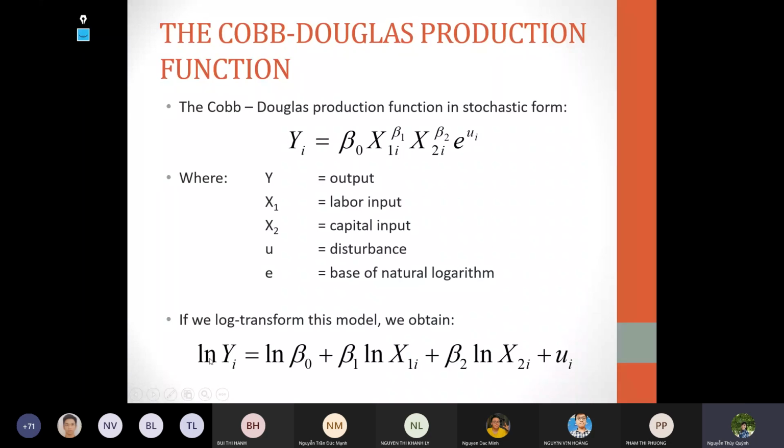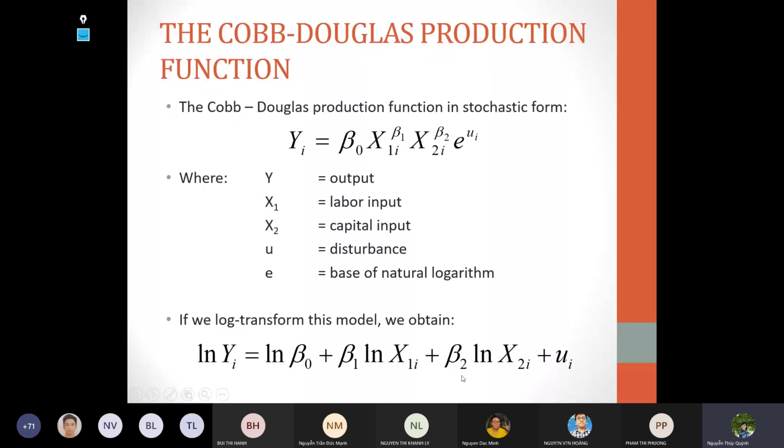We will have the natural log of y equal to the natural log of these products, which is equal to the natural log of beta 0 plus beta 1 times the natural log of x1i plus beta 2 times the natural log of x2i plus ui.